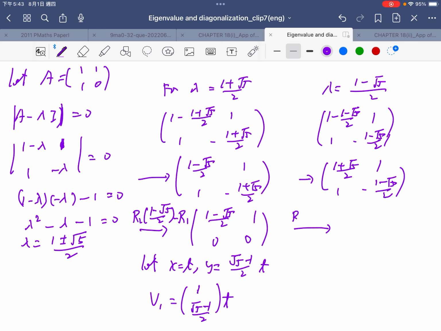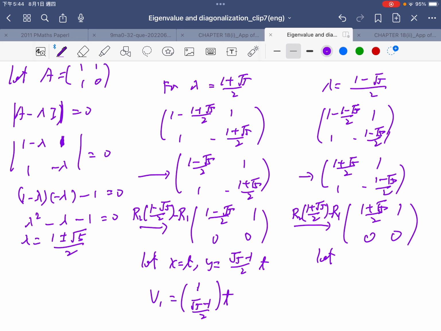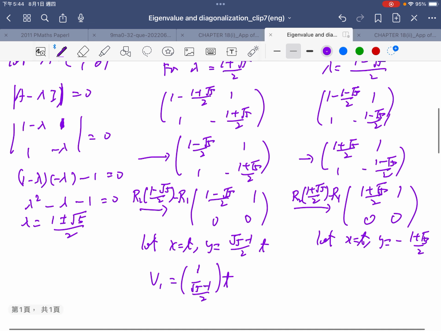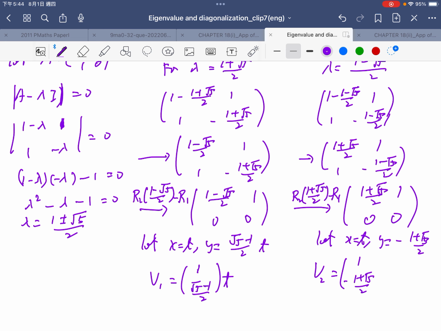Next step is row 2 times the quantity 1 plus root 5 over 2, minus row 1, and this row is all 0. Then let x equal to t, and y is equal to minus 1 plus square root of 5 over 2, times t. The second eigenvector can be set as 1, minus 1 plus square root of 5 over 2.